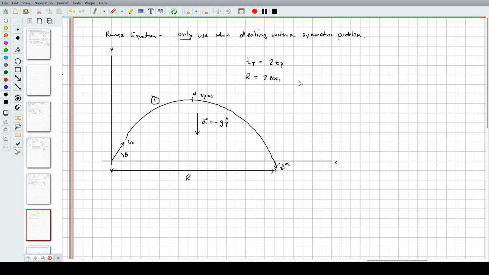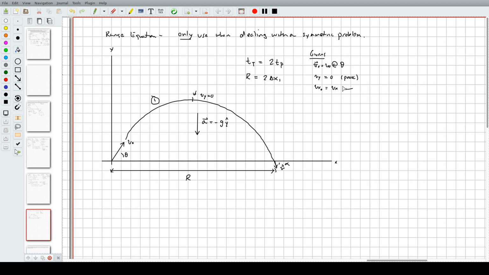So that said, our givens would look something like this. Our initial velocity is v naught that makes an angle of theta with respect to x. The velocity in the first part at the top is 0. This is at the peak. We know the velocity in the x direction is going to be constant.